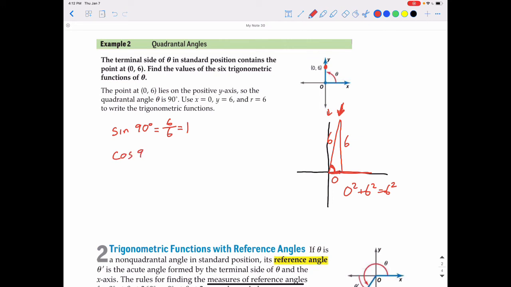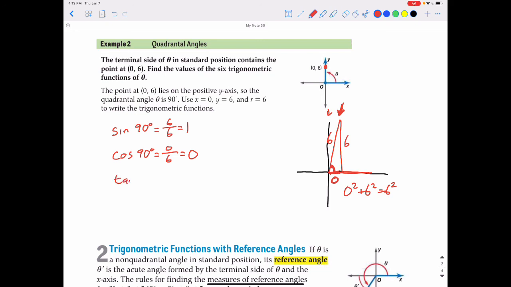The cosine of 90 degrees, so the adjacent side to our angle is the 0. The hypotenuse is still 6, and 0 divided by 6 is 0. You can also verify this on a calculator. If you type in the cosine of 90 degrees, the calculator will tell you it's exactly 0.